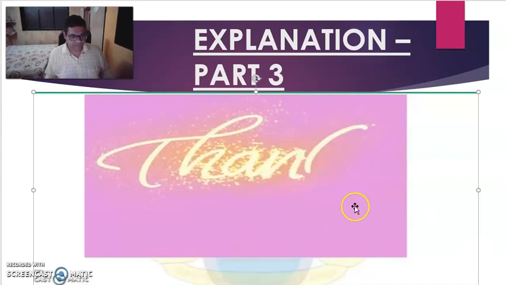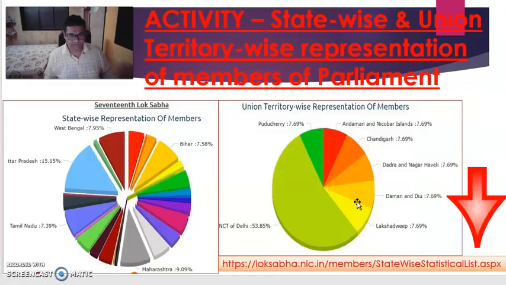Now children, we'll do one activity, right? This is a state-wise and union territory-wise representation of members of parliament. In the previous video I gave you an activity on this state-wise representation, where you had to find out two places. Now I want you to find out how many members there are in each of the states.